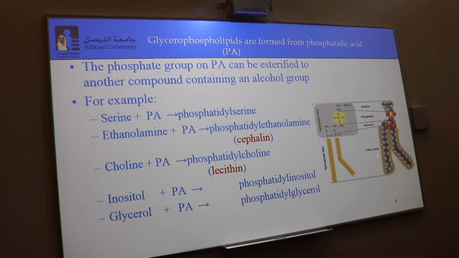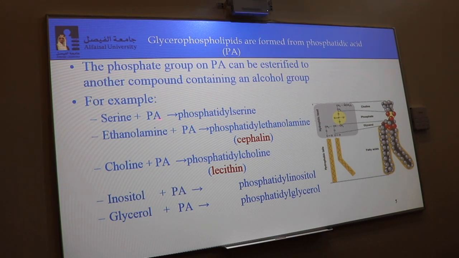This part, by its own, is called phosphatidic acid. This is glycerol, this is the fatty acid, this is the phosphate, which is in yellow, the red is the glycerol, and this part is an additional alcohol which is attached to the phosphate, and this type of alcohol makes the different types of glycerophospholipid.